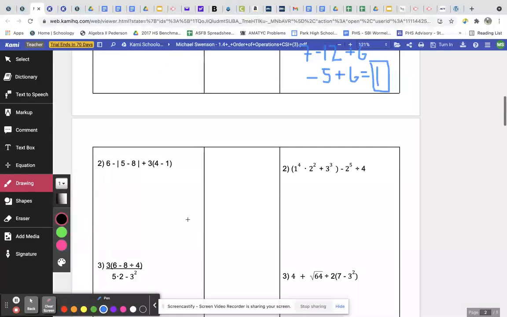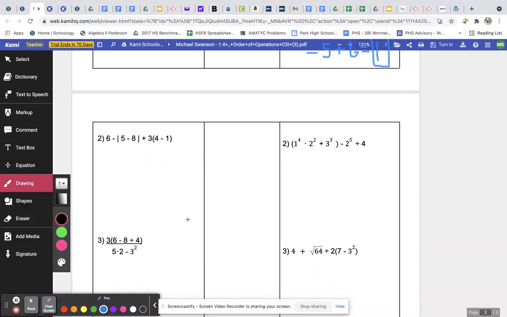All right? These next ones, we've got a 6 minus absolute value of 5 minus 8 plus 3 times 4 minus 1. Notice we got these grouping symbols. We're going to do those first. Okay, we got 6. 5 minus 8 is a negative 3, but it's in the absolute value.